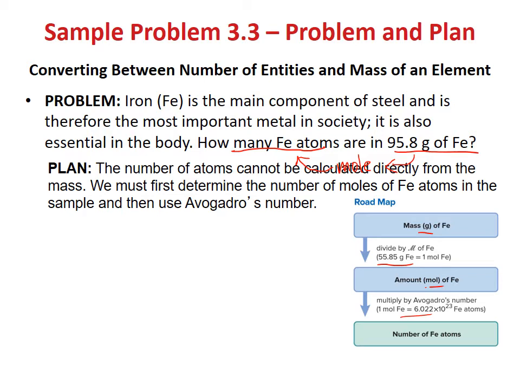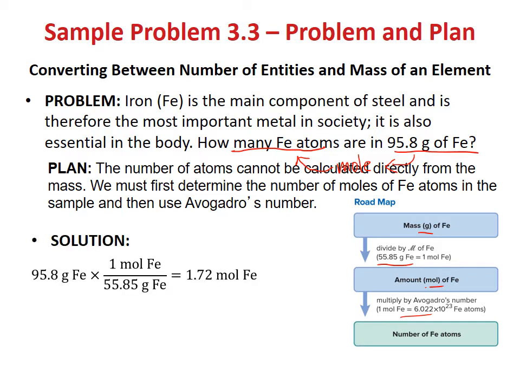So we start with the given 95.8 grams of iron. We write the conversion factor, which is just the molar mass. Now note that we write the grams on the bottom, 55.85 grams of iron, because we can cancel grams, and the unit desired is moles. So that gives you moles of iron.